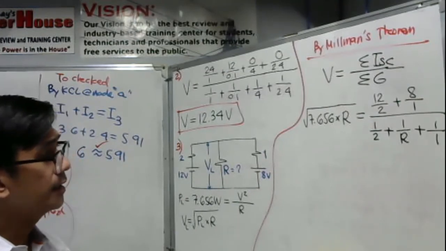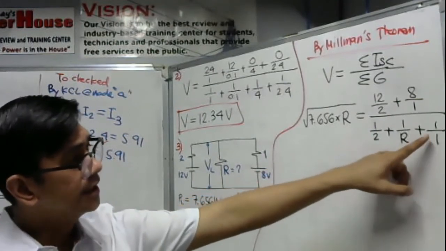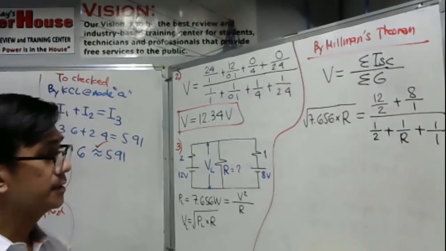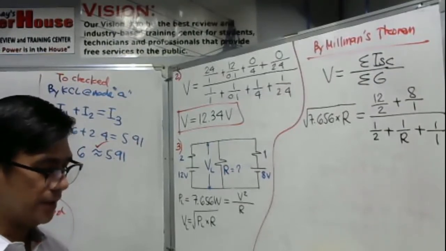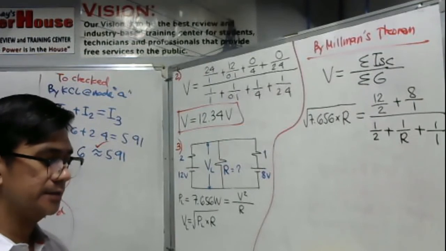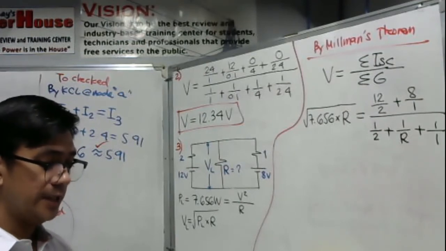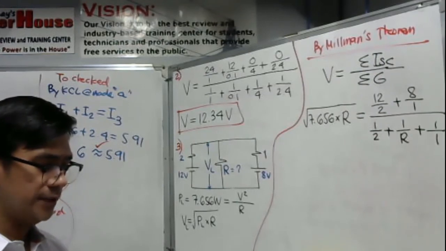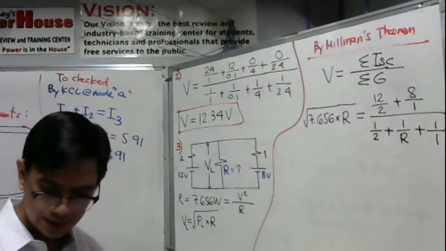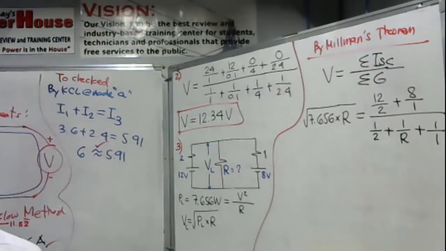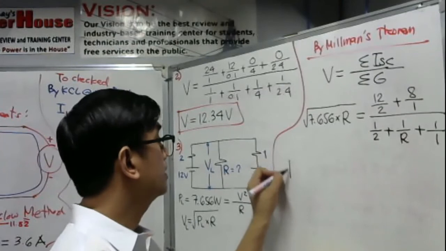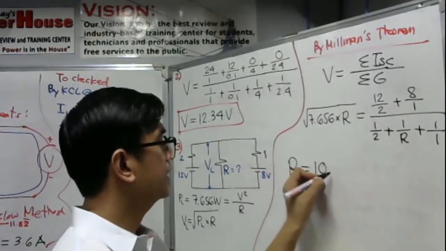This is 0.5, this is 1, so that will be 1.5. And 1 over R, let us replace that by variable X in our calculator, so shift calc equals. Our answer here is 10.00037319. So, therefore, our R is simply equal to 10 ohms.